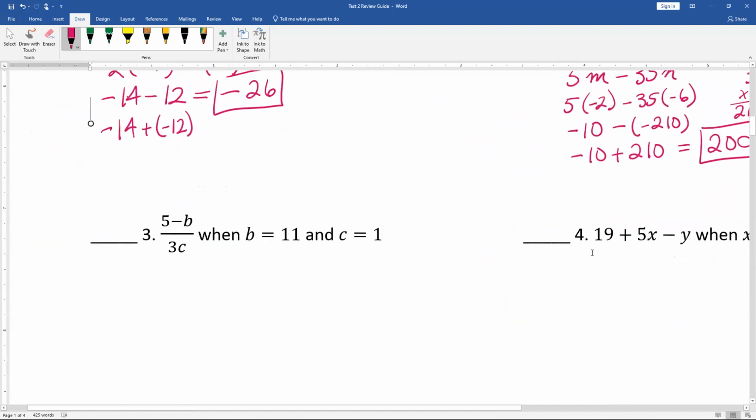All right, number 3. So, division. So just plug these in. 5 minus what? Which is, right, 5 minus 11, divided by 3 times 1. All right, 5 minus 11. Are these like or unlike?